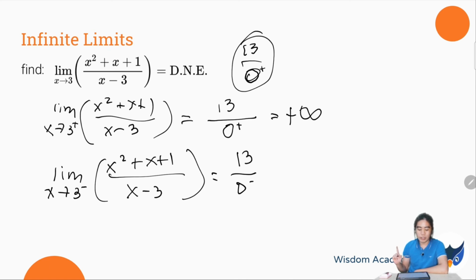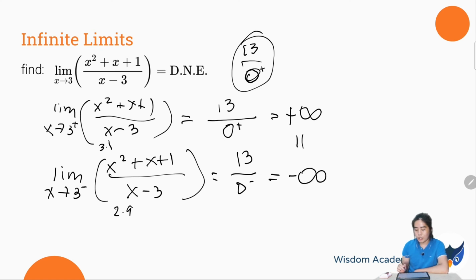Kung gusto nyo i-verify ito, pwede natin gawin yung technique na ginagawa natin kanina. So instead na 3 yung isa-substitute natin dito, 3.1. So 3.1 minus 3, 0.1, which is slightly greater than 0. So 0 plus siya. So dito naman, 2.9 minus 3, so negative 0.1, slightly less than 0. So 0 minus siya. And positive over negative is negative infinity.